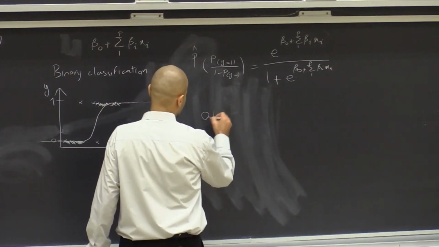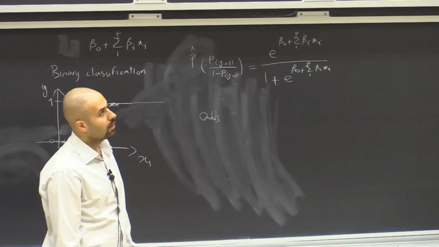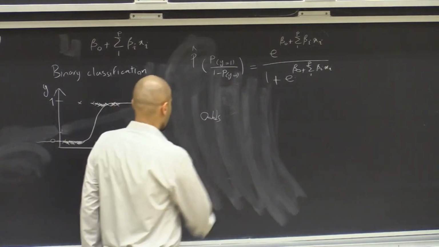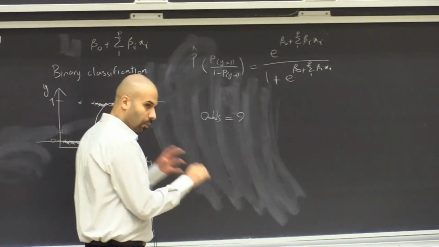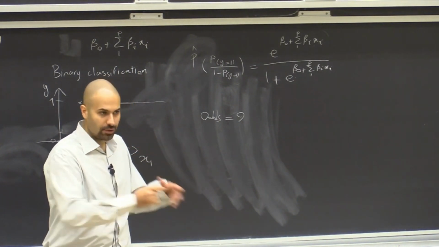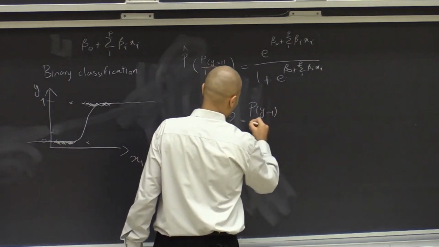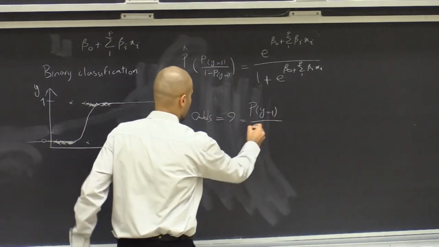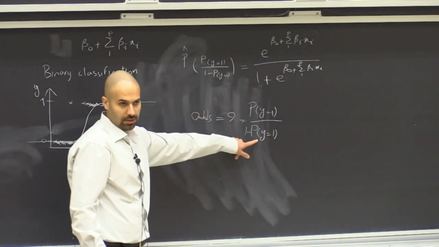So when we say the odds of something are, let's say, 9, this means the probability of that thing happening divided by the probability of that thing not happening is 9 to 1. So this is p of y being equal to 1, our horse winning the horse race, over 1 minus the probability of this, which is our horse not winning the race.